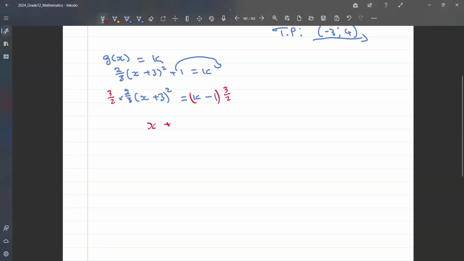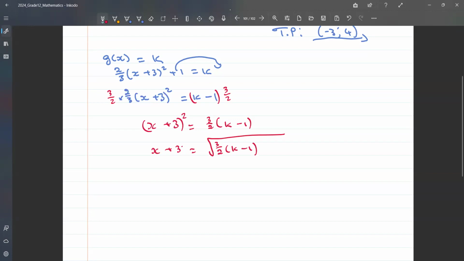So we have x plus 3, all squared, equals 3 over 2 into k minus 1. To get rid of a square, we are going to square root, and that's what we are looking for. x plus 3 will then equal the square root of 3 over 2 into k minus 1.